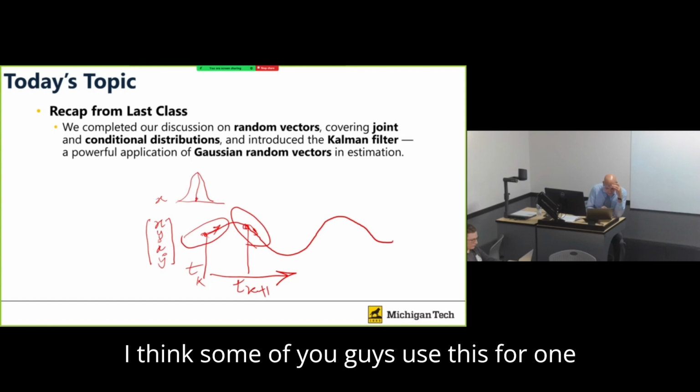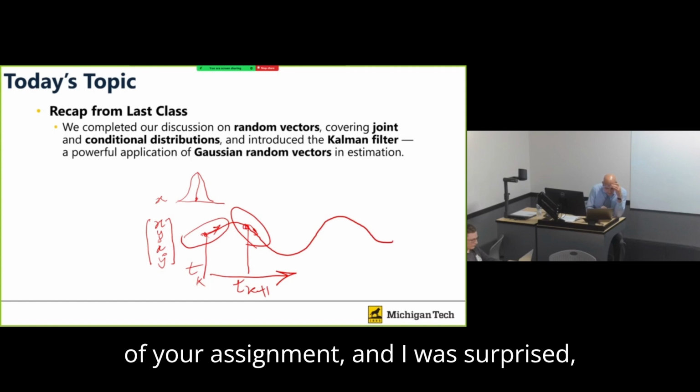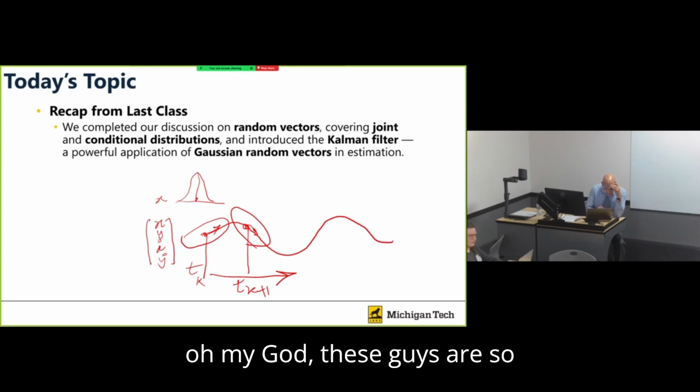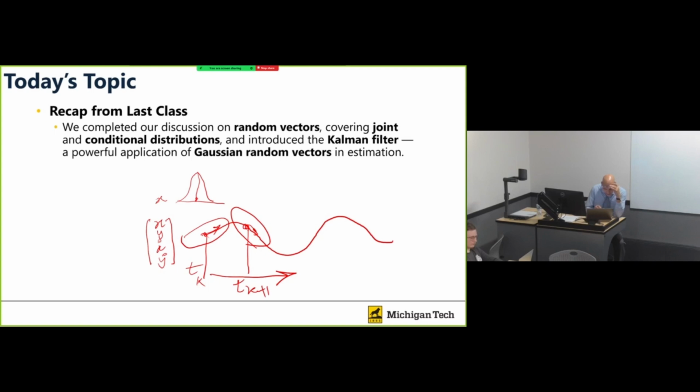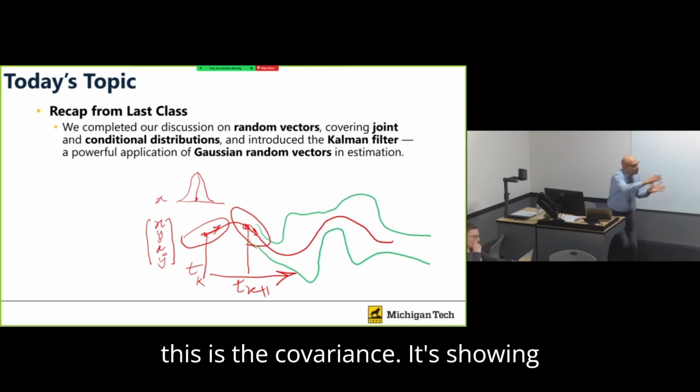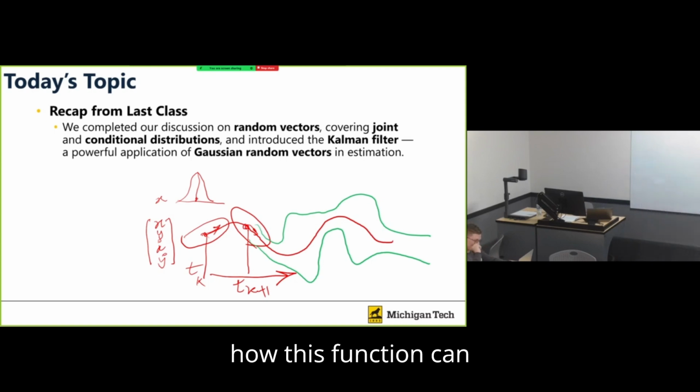I think some of you guys used this for one of your assignments, and I was surprised. Oh my God, these guys are moving so fast. So this is, for example, the covariance. It's showing how this function can vary around this bound.